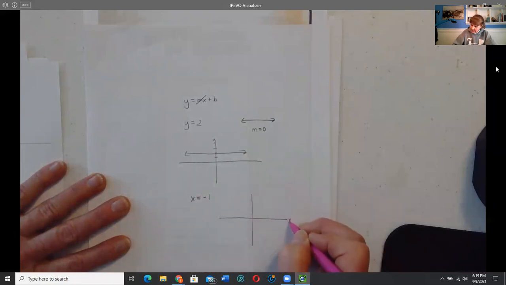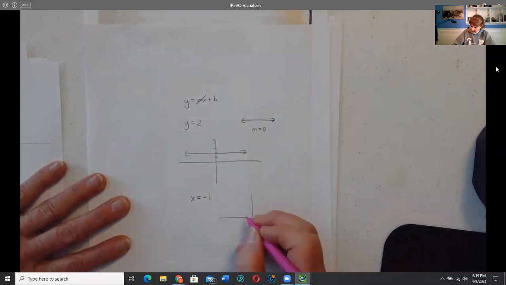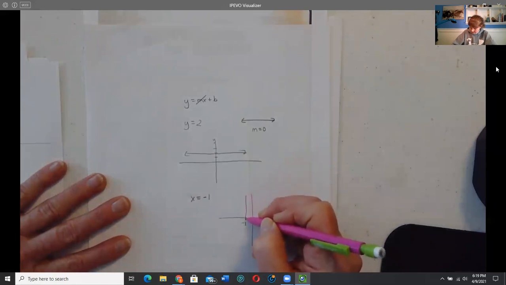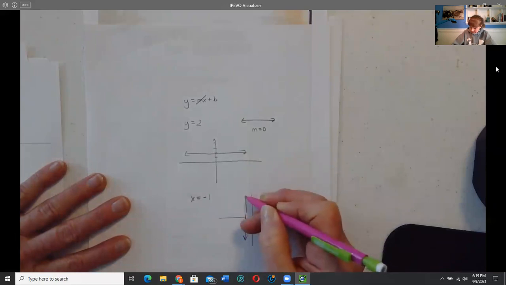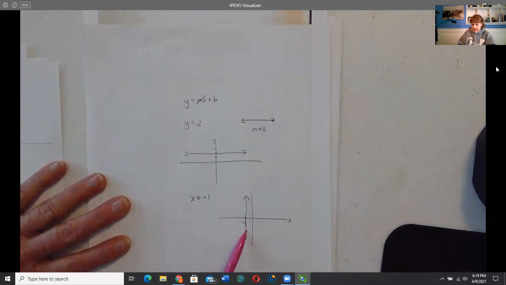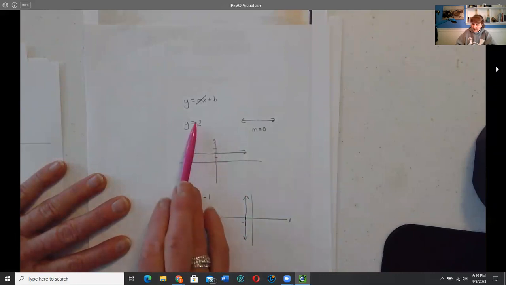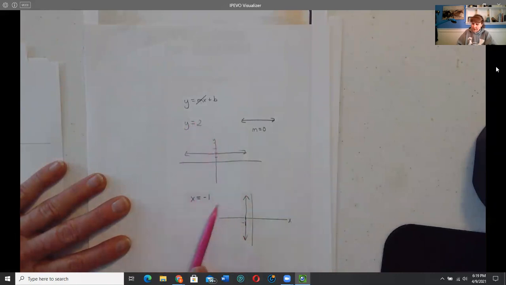This is going to hit the x-axis at -1. So if we were to plot points, which we'll do after a bit, if you're missing a variable, it's either going to be horizontal or vertical. This one hits the y-axis at 2. This will hit the x-axis at -1.